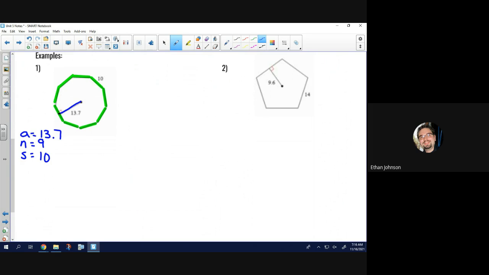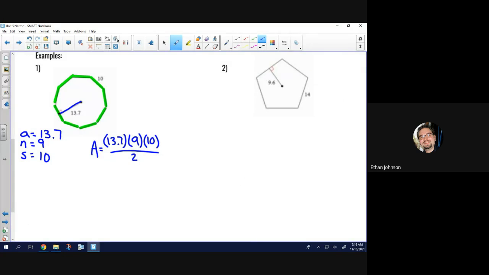So in this case, I have all things that I need to find my area. So area equals our A, our apothem, 13.7, times our N, or our number of sides, so 9, times our side length, or S, so 10, divided by 2.